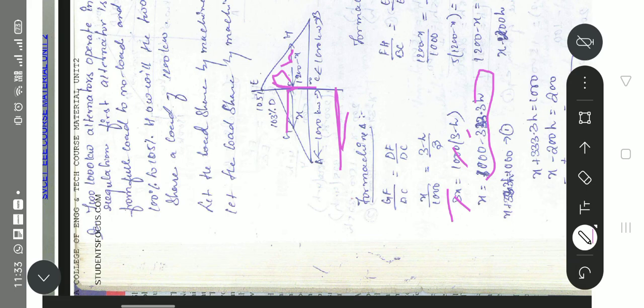Taking the 333.33 H to this side, we get X plus 333.33 H is equal to 1000. This is the first equation.